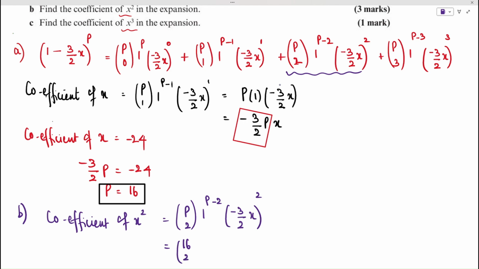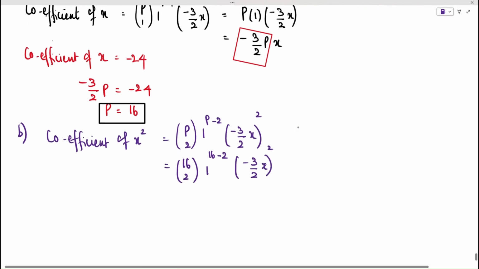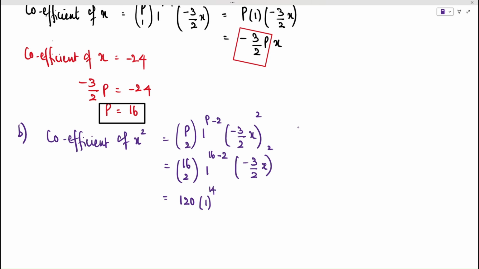So 16 choose 2 multiplied by 1 to the power of 16 minus 2 multiplied by (minus 3 over 2x) squared. If we use our calculator, we get the value of 16 choose 2 as 120 multiplied by 1, so 1 to the power of 14 is 1, and then (minus 3 over 2) times x squared can be expanded as 9 over 4 x squared.